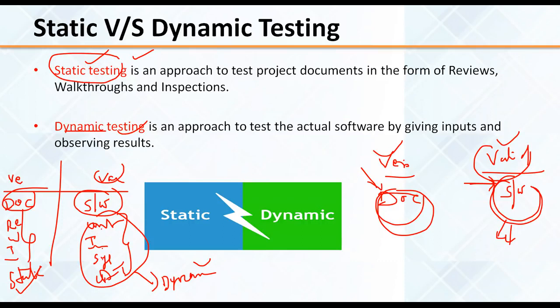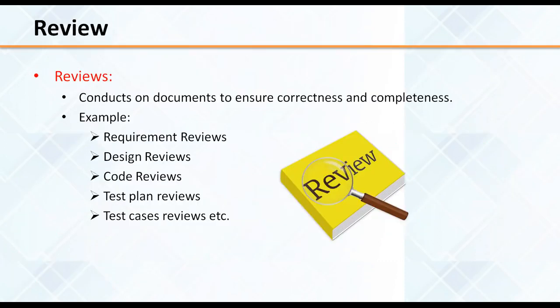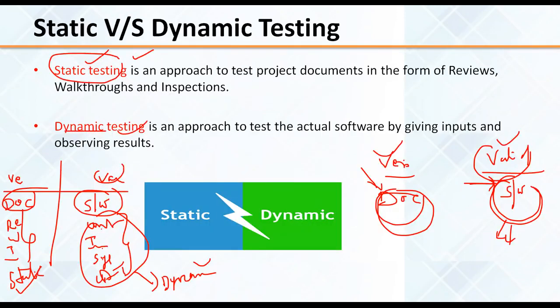Right, now let us discuss in detail what a review is. A review is conducted on a document to ensure correctness and completeness. Unit testing is also a kind of verification because we test the code.